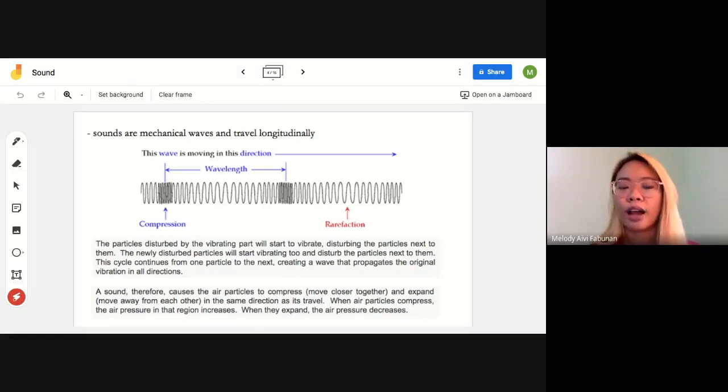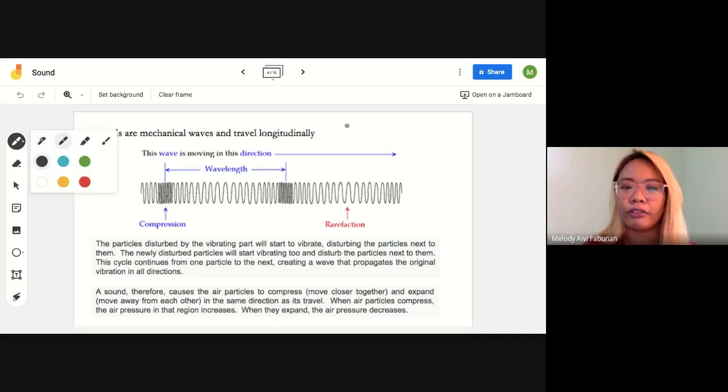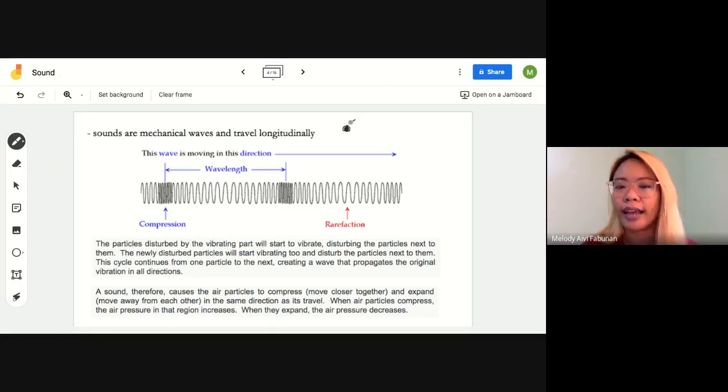So, for example, you have a vibrating object, and for example, your vibrating object is here. The vibration will transfer to another particle. So for example, this is a gaseous substance, so medyo malayo-layo yung kanilang particle from each other.